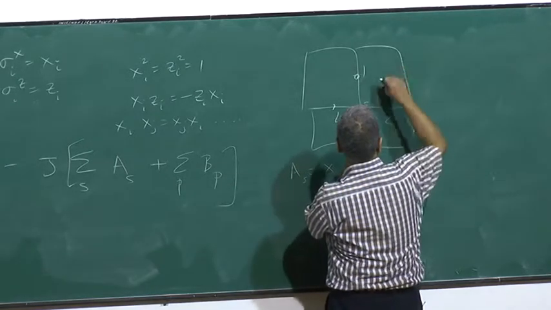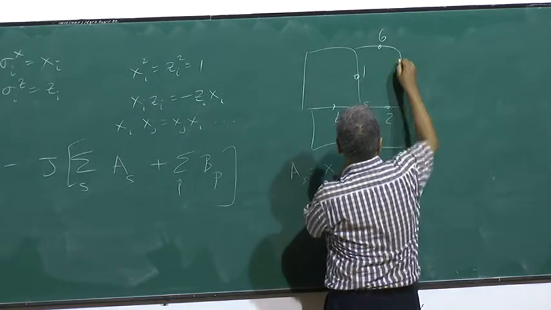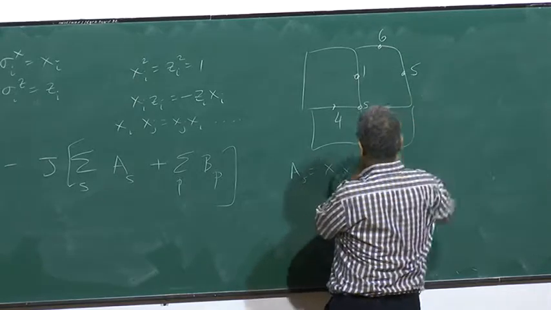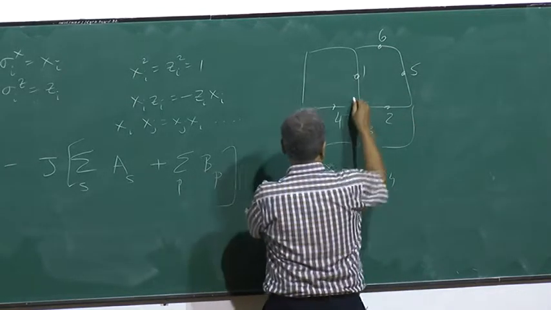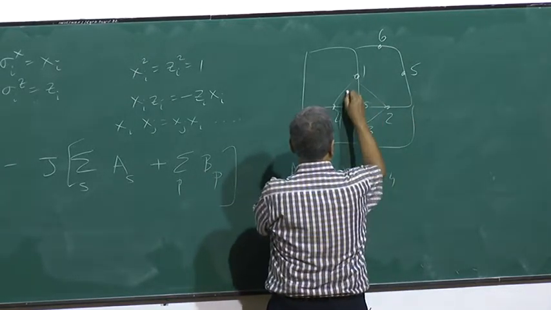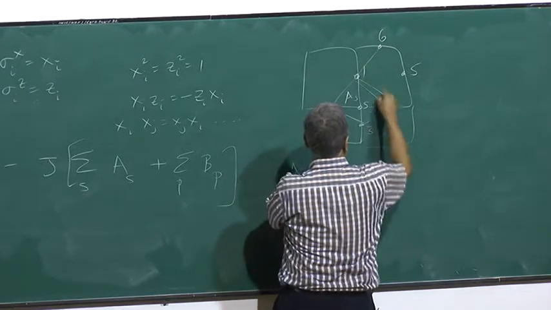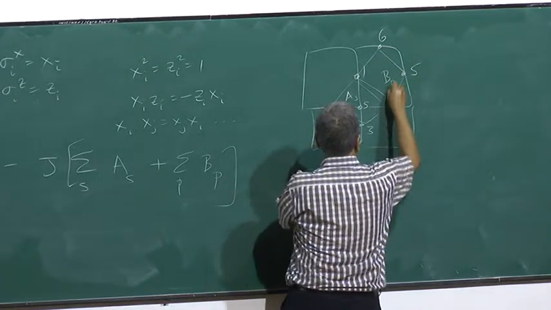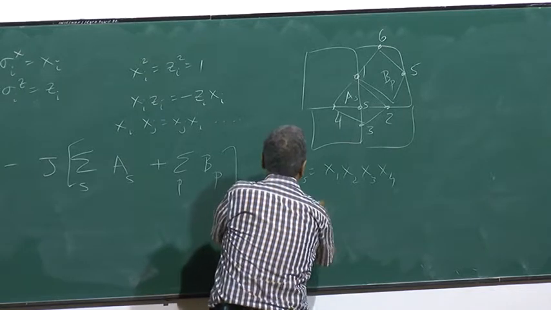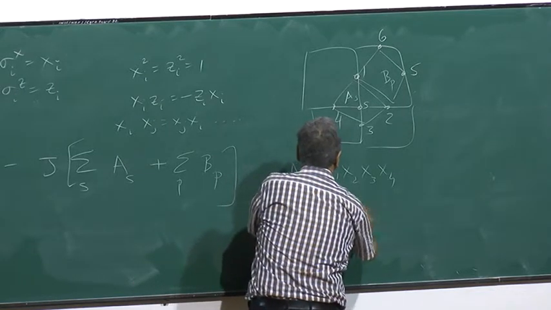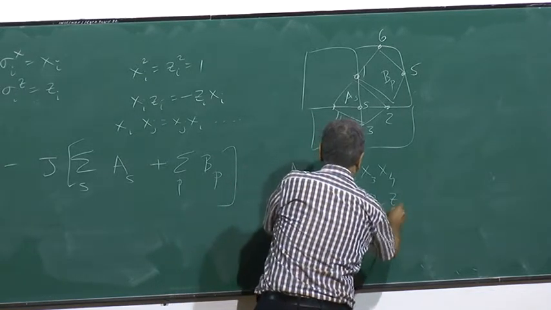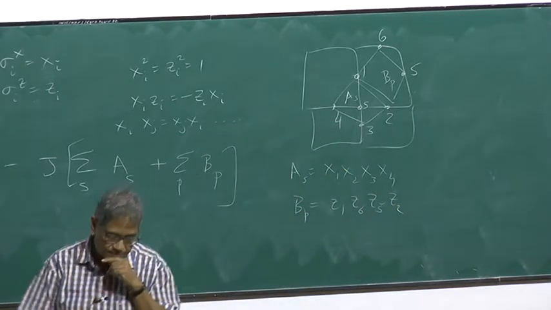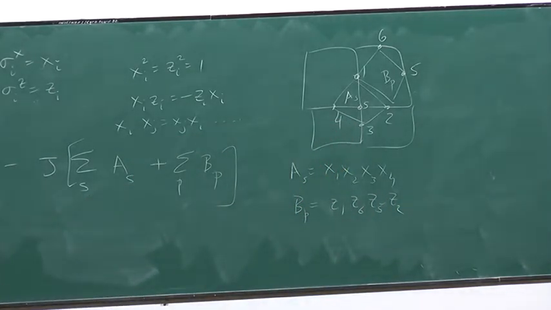And if I introduce two more sites, let us say 5 and 6, then this is going to be B_P, so B_P will be Z1 Z6 Z5 Z2. So that is the Hamiltonian for the toric code.